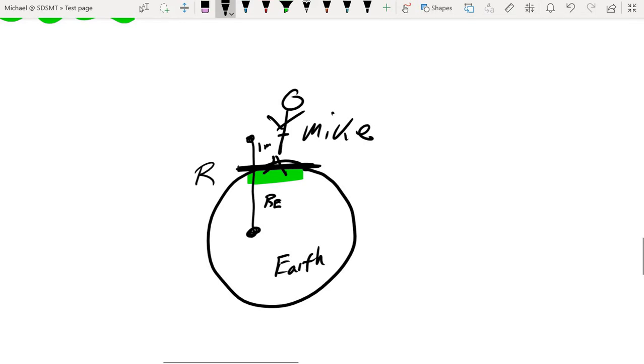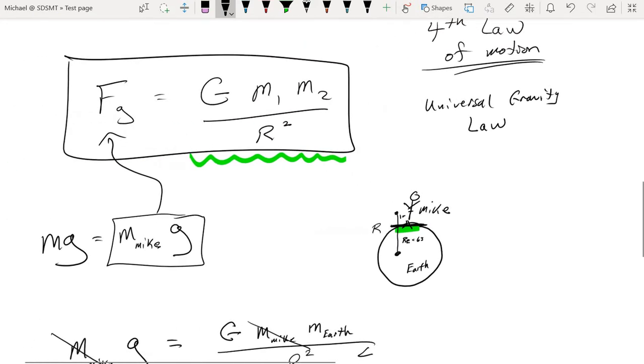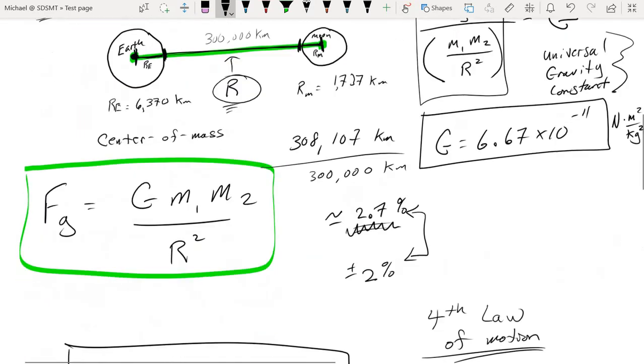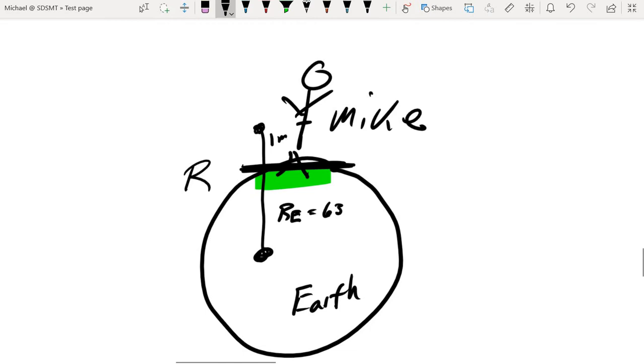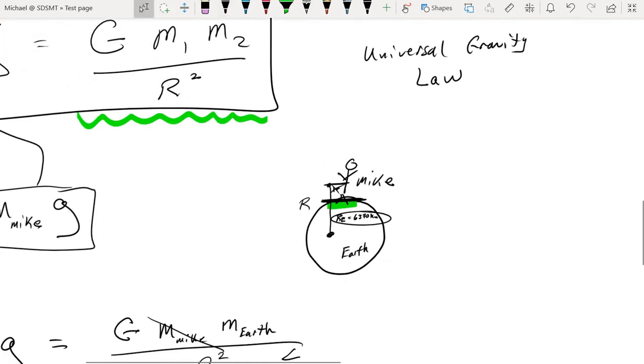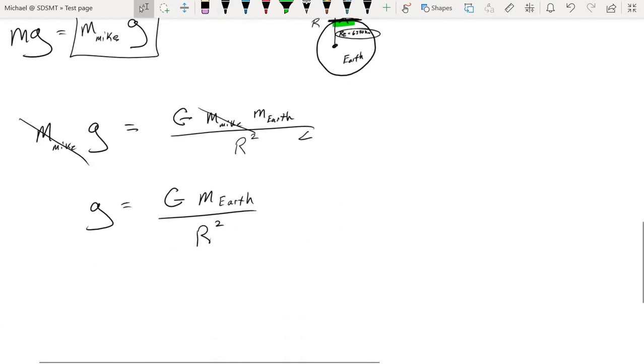And so obviously with the radius of the Earth being, what was it? 6370 kilometers, I don't think that extra meter is going to make much of a difference. And so I'll just use the radius of the Earth as the center-to-center separation distance.